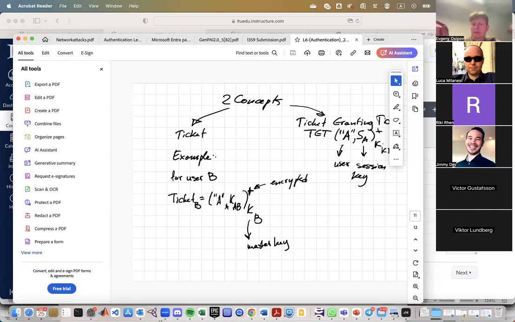So if you are user A and you want to talk to user B, you need this construct which contains the session key just for this communication between A and B, and which is encrypted with a secret key known only to B. But in this case, this KB is also known to the key distribution center because it actually uses this key to encrypt this information. So I hope this difference is clear.